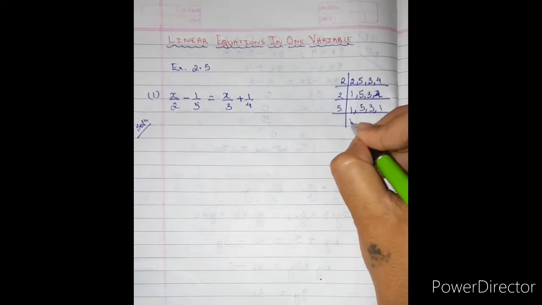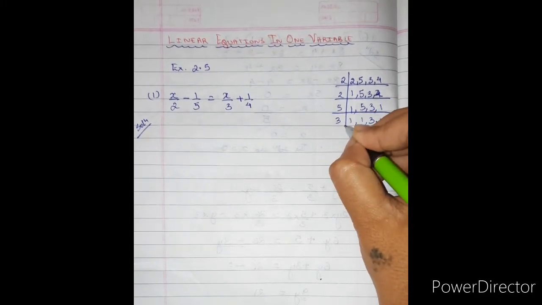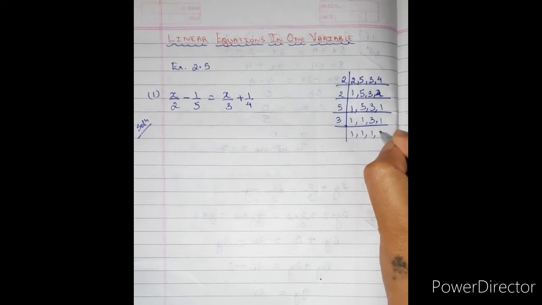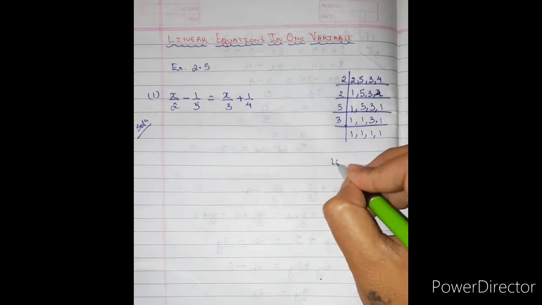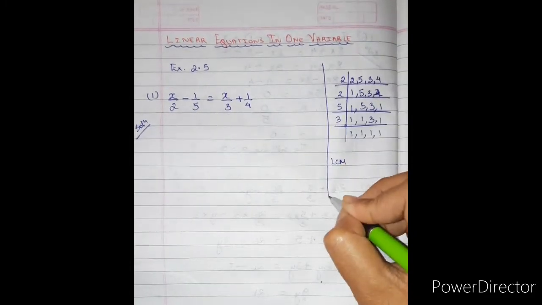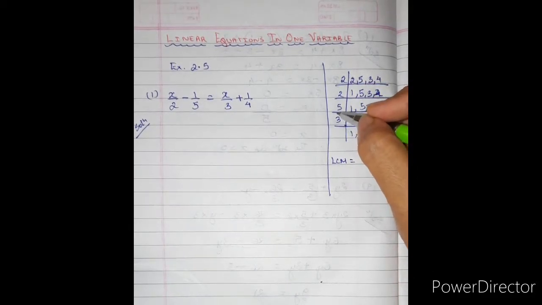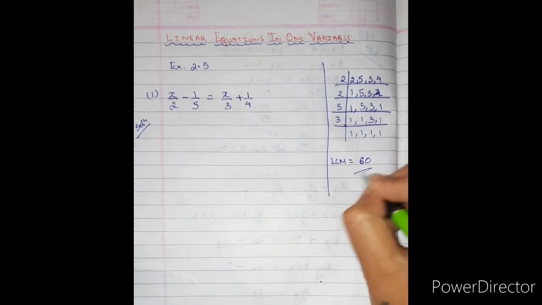Then 5, ones are 5. We have got 1 on all sides, so I have finished the LCM. Let me write it down. LCM is 2 2s are 4 and 5 3s are 15, 15 into 4 gives me 60.